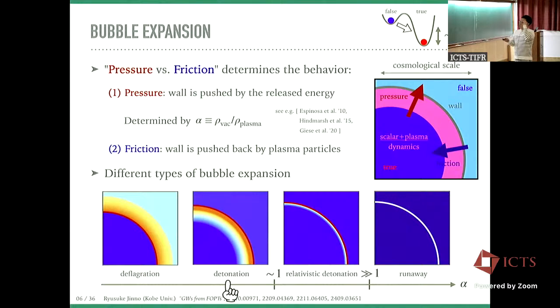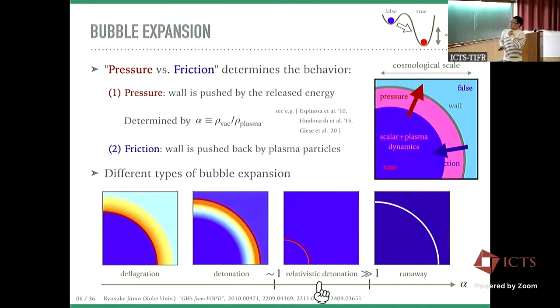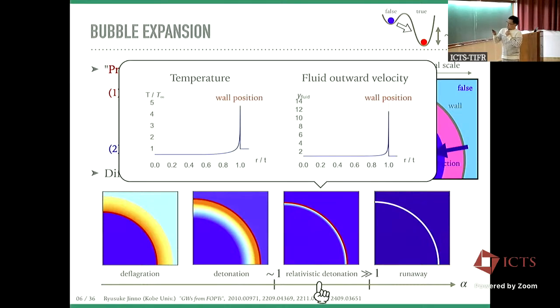If you increase the value of alpha slightly, then the wall starts to move faster. Now the plasma particles are heated up behind the wall, and a fluid outward velocity arises also behind the wall. You can further increase the value of alpha, then the fluid starts to behave ultra-relativistically.